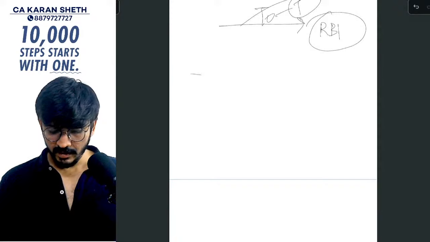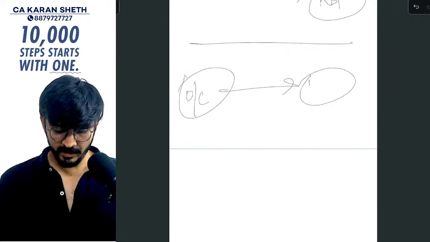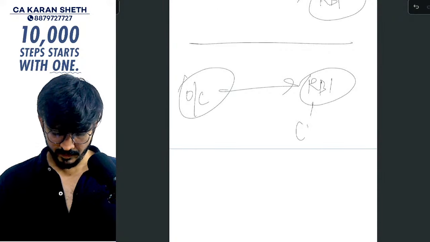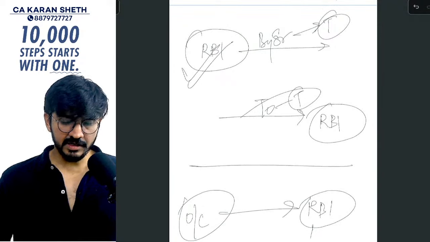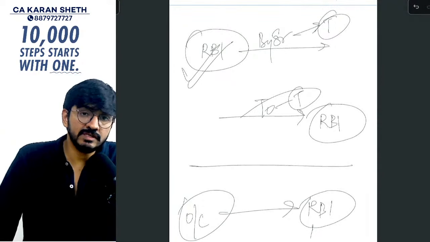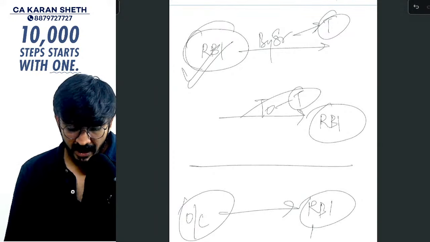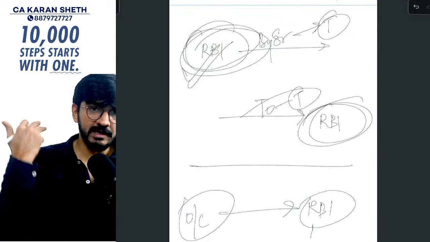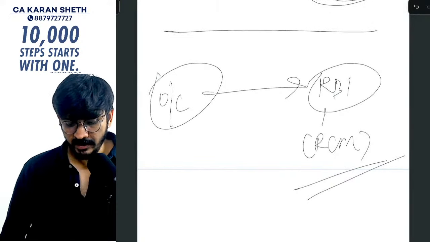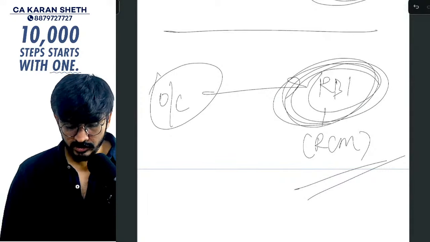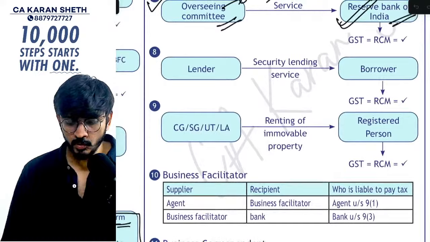RCM will only come when there is what? Overseeing committee providing service to RBI. The reason I mentioned this is because initially services provided by RBI were exempt, but now if the supplier is RBI or the recipient is RBI, it does not matter, it is taxable. But when it comes to the overseeing committee, it is taxable as per RCM. So I just wanted to give you a heads up. I will also take you through it again when we do exemptions.